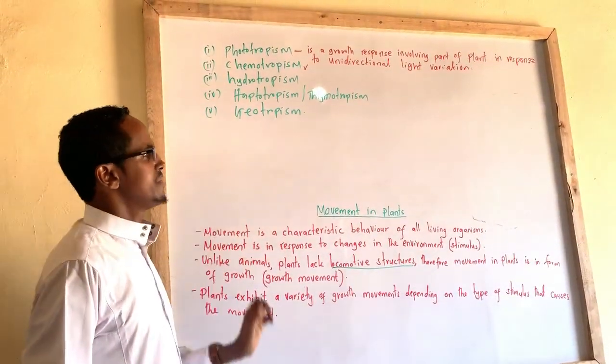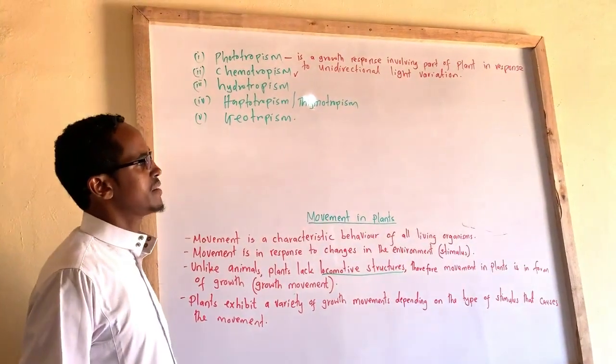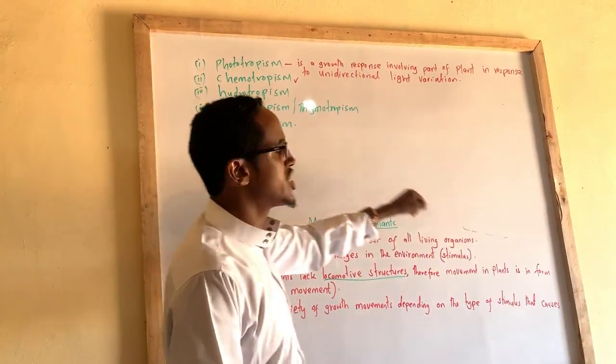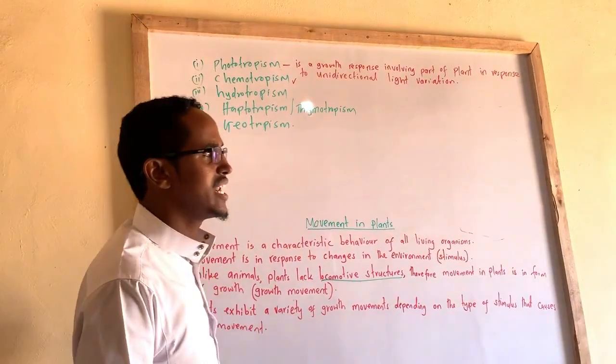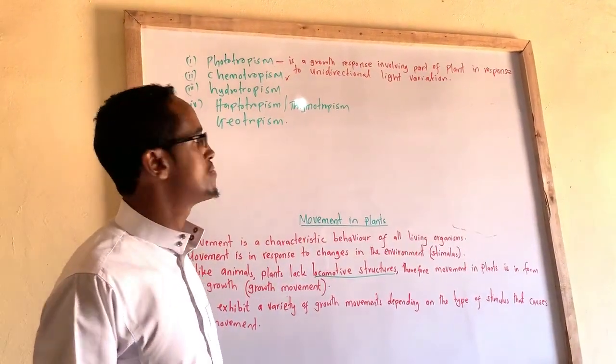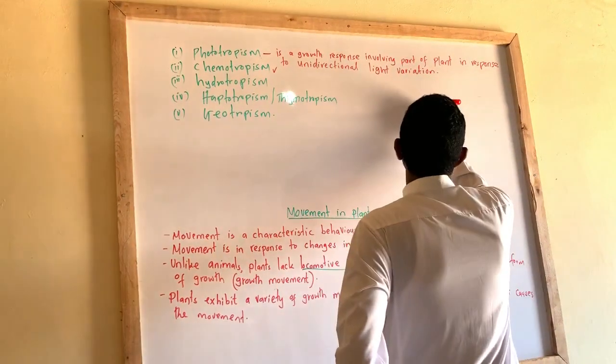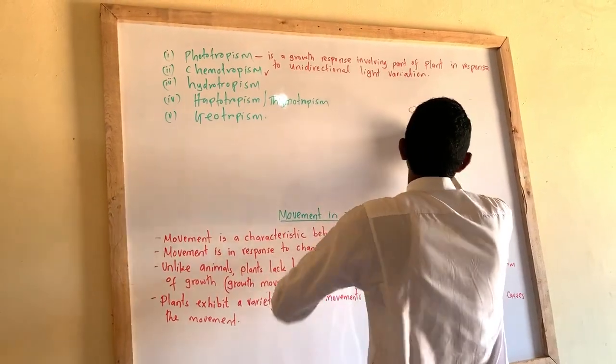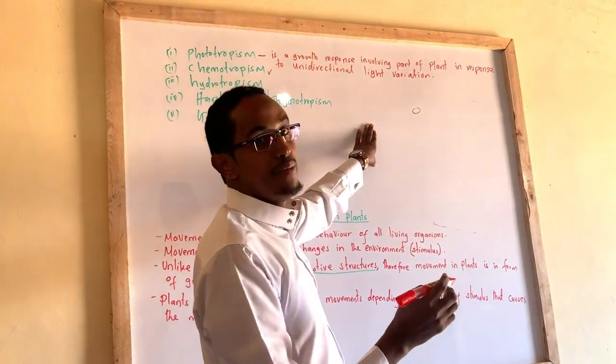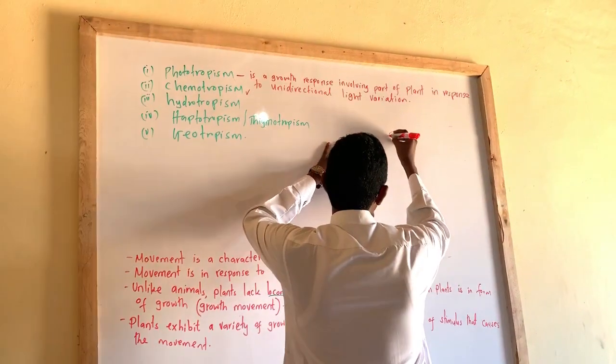Where is such growth movement observed in plants? It is seen in the growth, or germination, of a pollen tube. When you have been doing reproduction in plants, specifically double fertilization, you must have come across such a thing.